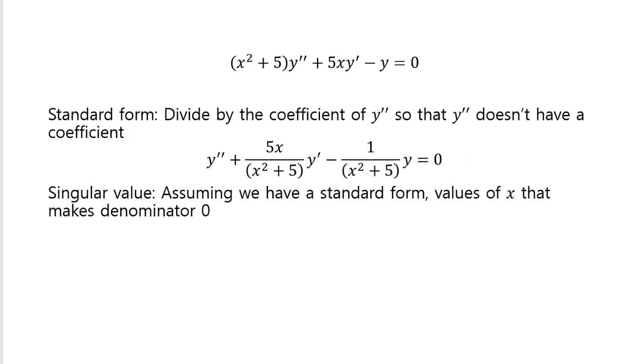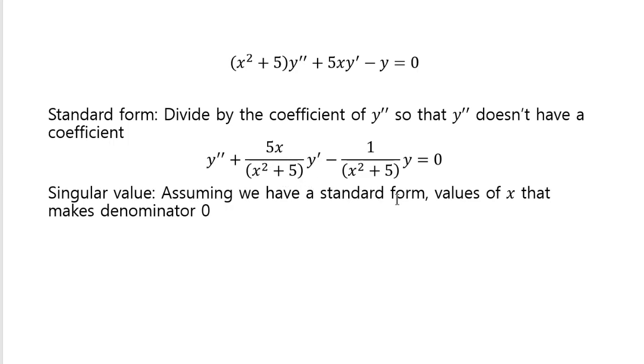Then we can talk about the singular values of this differential equation, which is any value of x, including complex numbers, that makes the denominator equal to 0. Sometimes you might have, like, this one will be 1 over x minus 3, and this one will be 1 over x minus 2.